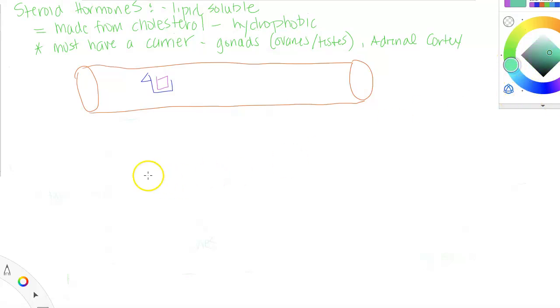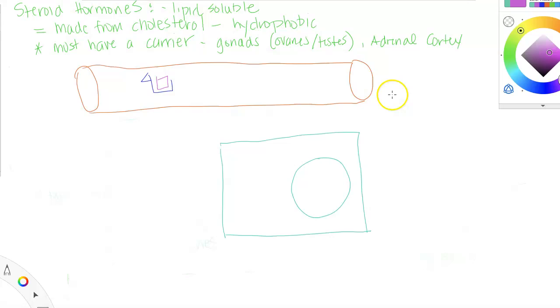So if we look at a cell, here's the target cell, and when it gets to this cell, where is the receptor on this cell for a steroid hormone? Well, the receptor is somewhere inside the cell.